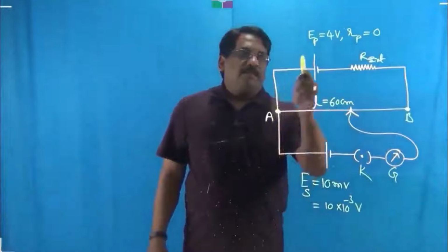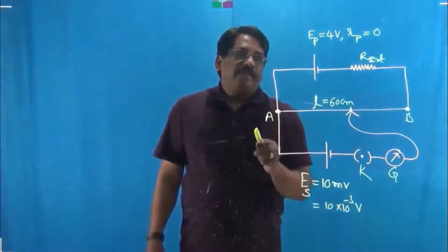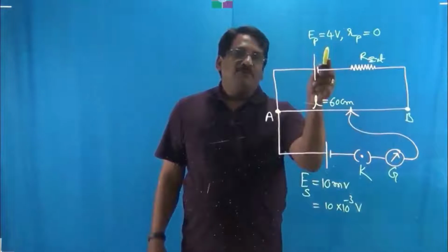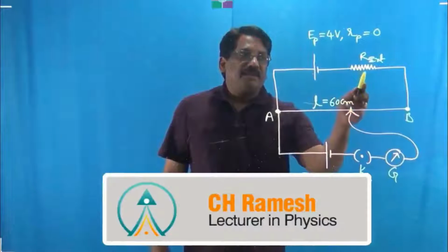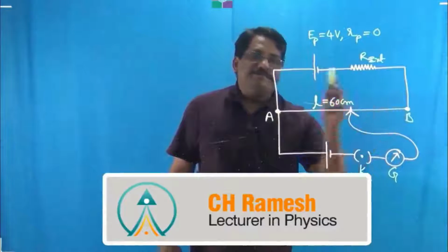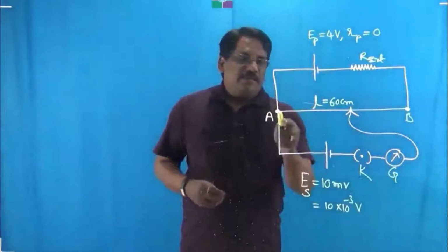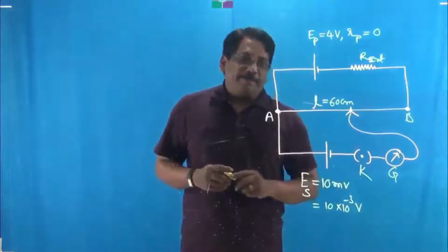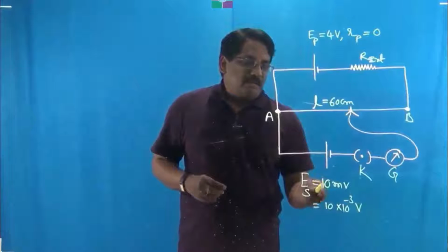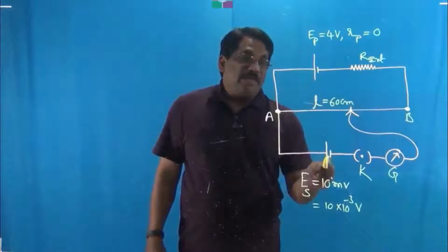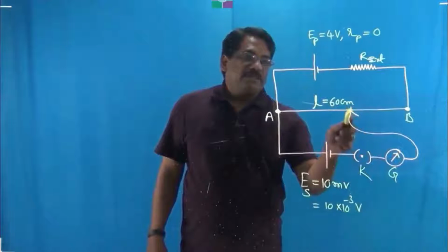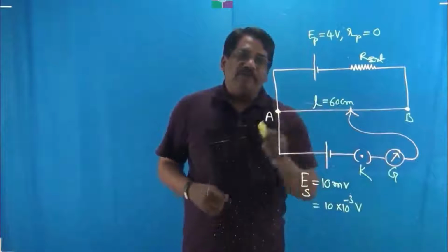In the primary circuit, a cell of EMF 4 volts, an ideal cell of 0 internal resistance, and some external resistance are connected. And in the secondary circuit, a cell of EMF 10 millivolts is balanced by a length of 60 centimeters of the potentiometer wire.